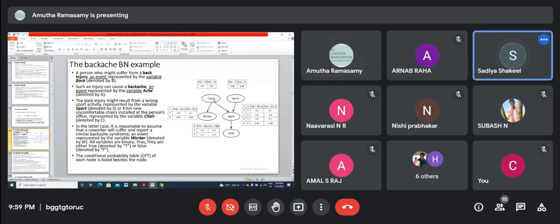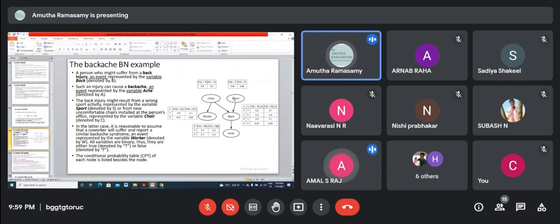Students? Yes, ma'am. Similarly, if sport is a variable and true has a probability of 0.02, the rest, false, is 0.98. For workers, you can go with 0.9 and 0.1 for true and false.